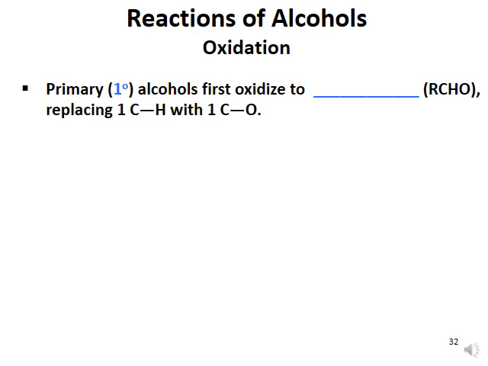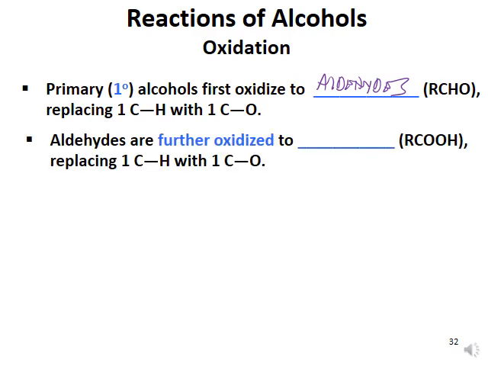Primary alcohols first oxidize to aldehydes by replacing one of the carbon-hydrogen bonds with a carbon-oxygen bond and make that double bond, that carbonyl group.